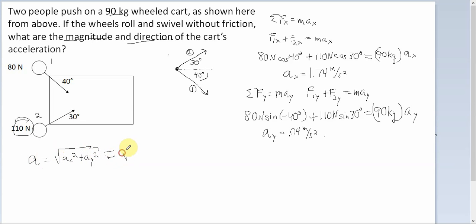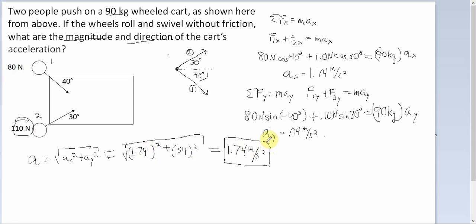This is going to be the square root of 1.74 squared plus 0.04 squared. And this actually gives me 1.74 again, meters per second squared. Basically, the y component is so small that the x component is pretty much the whole thing. So this is the magnitude of our acceleration. So that's part of our answer.